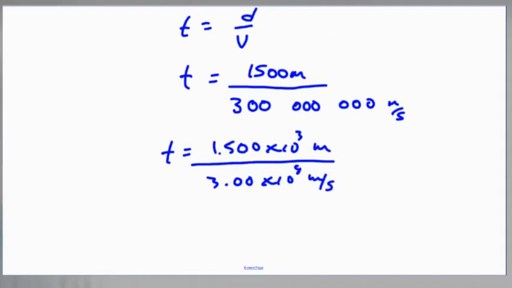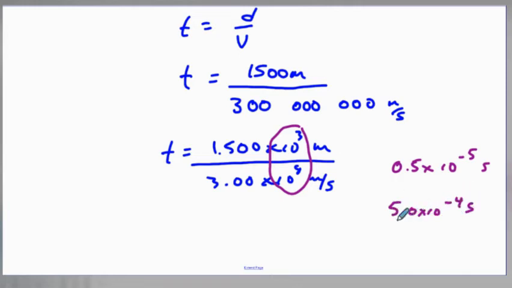And I can do the quick mental math on that. 1.5 divided by 3, well, that's a half. And if I know my exponent rules, times 10 to the negative 5th. Now, that's not proper scientific notation. So that would be 5.0 times 10 to the negative 4.